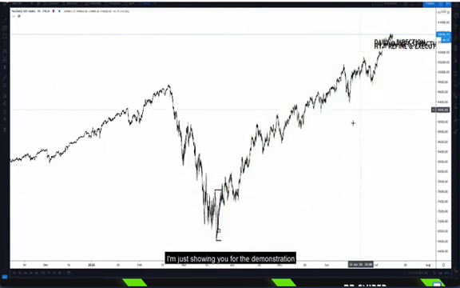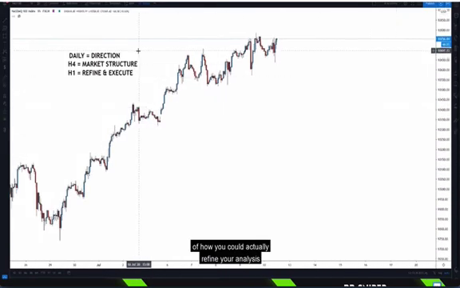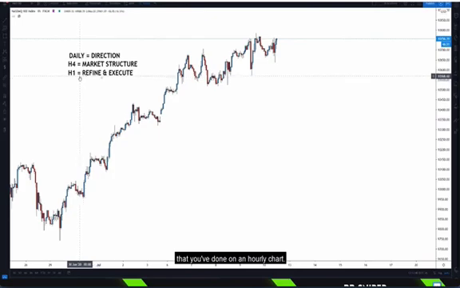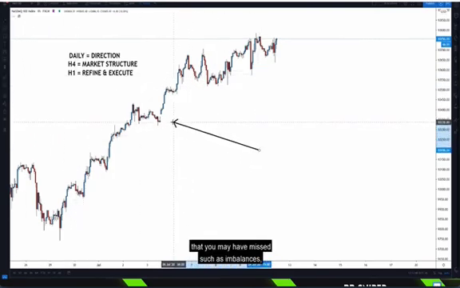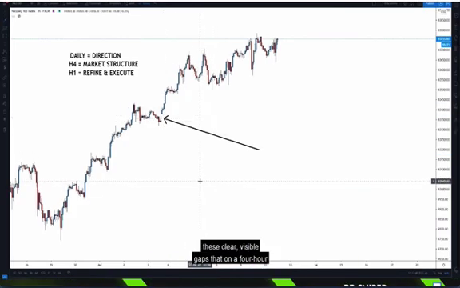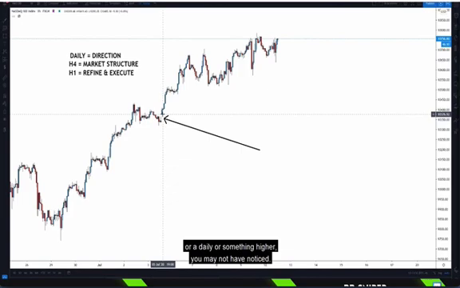I'm just showing you for the demonstration of how you could actually refine your analysis that you've done on an hourly chart. You're going to be able to pick up things that you may have missed, such as imbalances, these clear visible gaps that on a 4-hour or a daily or something higher, you may not have noticed.